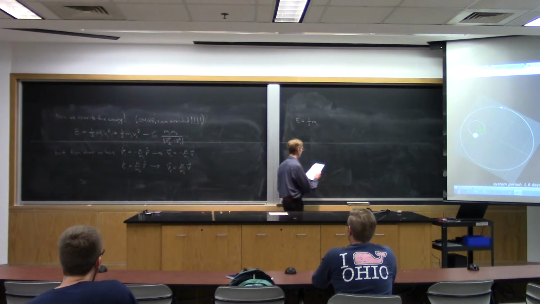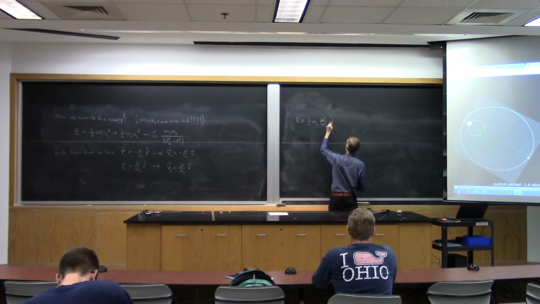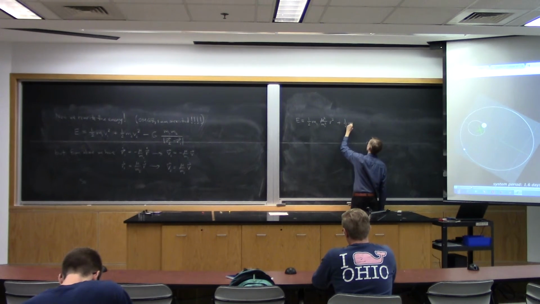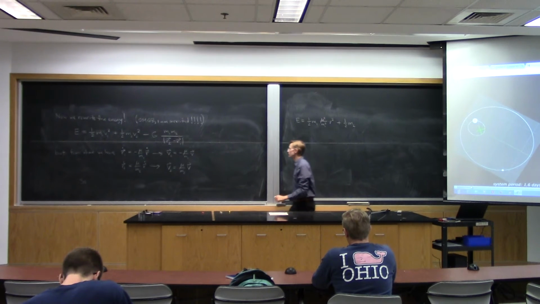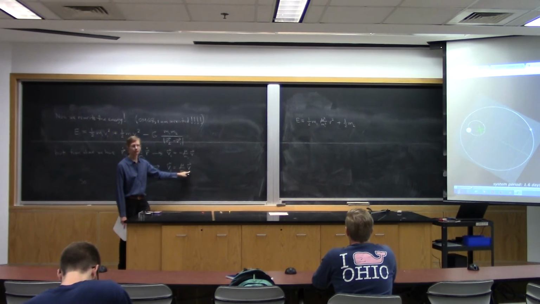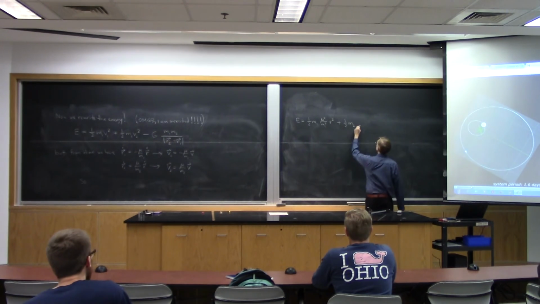So 1/2 M1 times mu squared over M1 squared V squared. And similarly, 1/2 M2 V2 squared, well, V2 squared is just mu squared over M2 squared V squared. V again being the relative velocity.